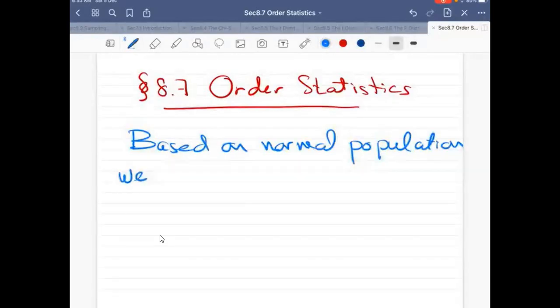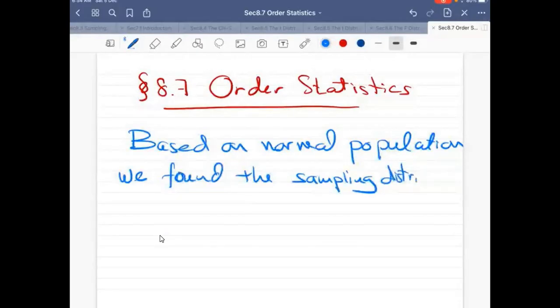We found the sampling distribution. Number one, the sampling distribution of the mean.